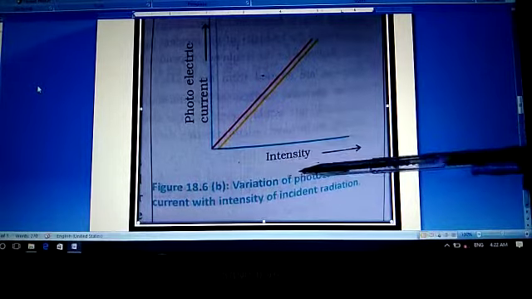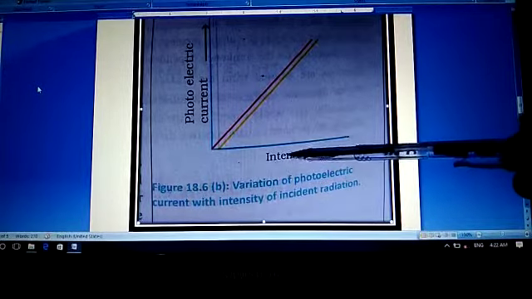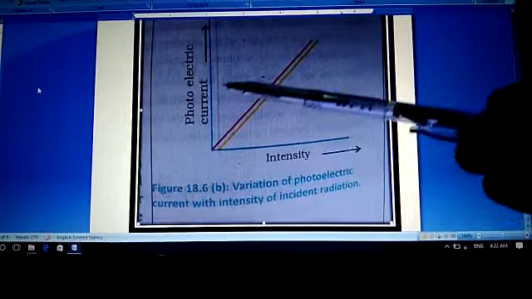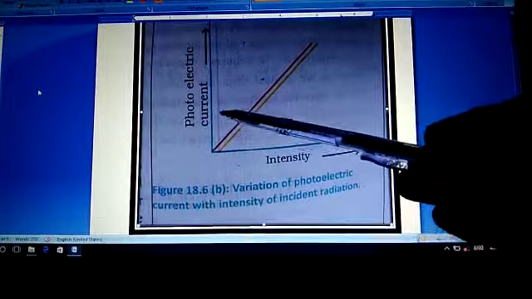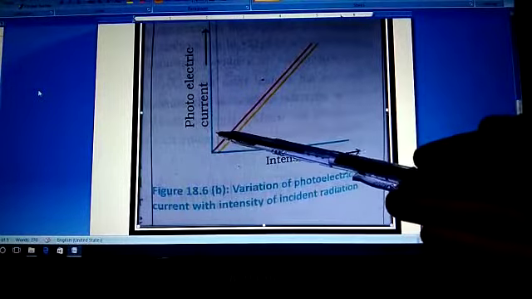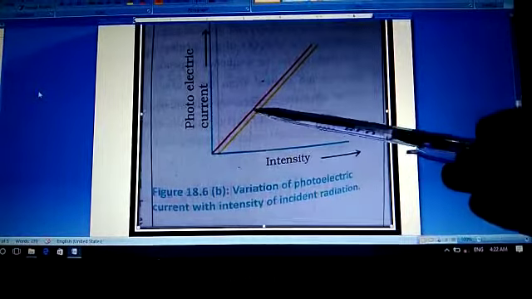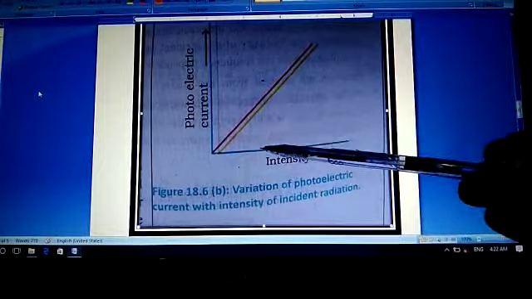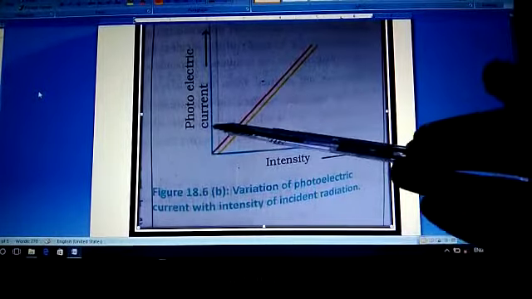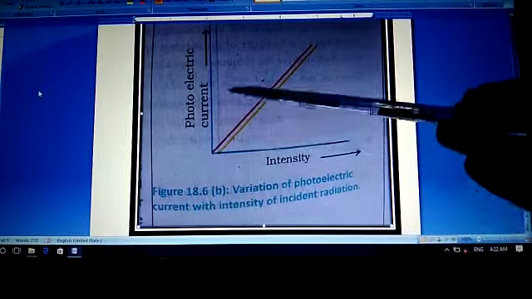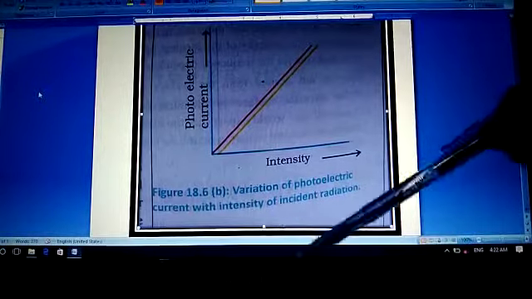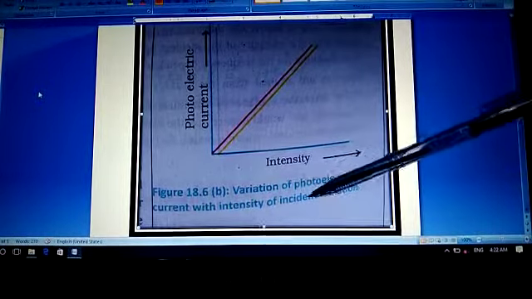Meaning if we increase the intensity by 1 unit, or whatever change comes in the intensity, the same change will come in the photocurrent, because photocurrent is the flow of photoelectrons. So when you increase the intensity, more and more photoelectrons are emitted from the metal surface, and more current flows inside the circuit. So you get a linear graph if you plot photocurrent versus intensity.